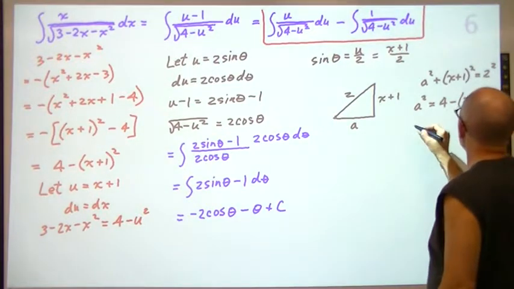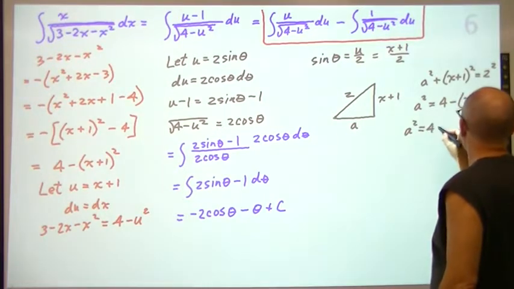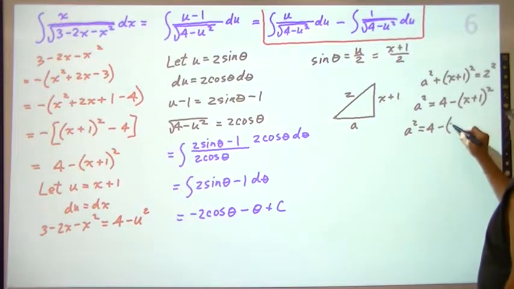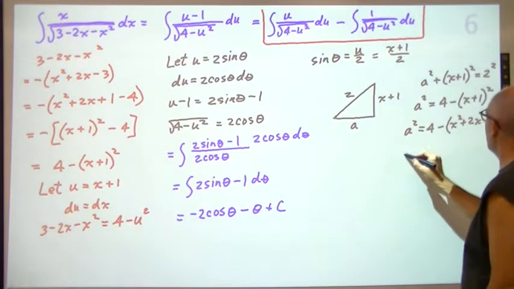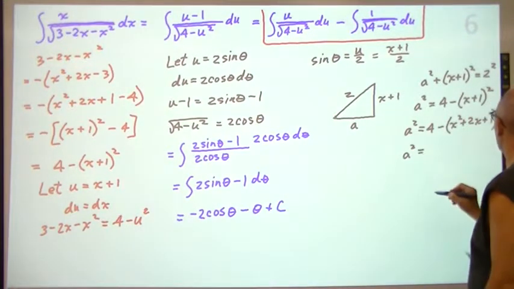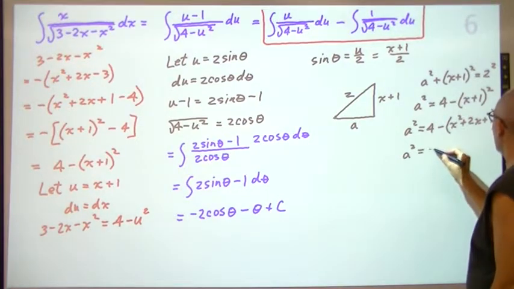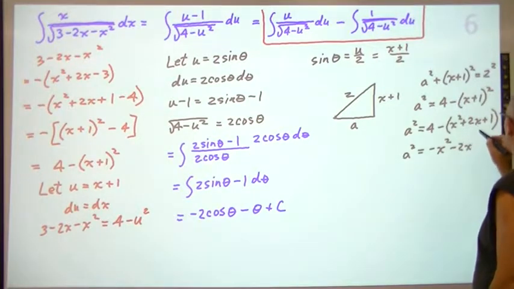And that means a squared equals 4 minus, let's just distribute that back out, x squared plus 2x plus 1. So that means a squared equals 4 minus 1 is 3. So we have a negative x squared minus 2x, then plus 3.